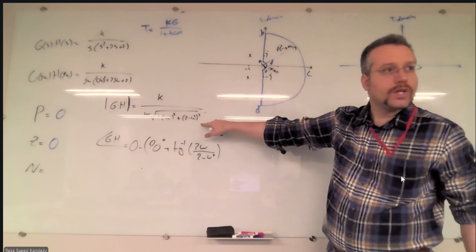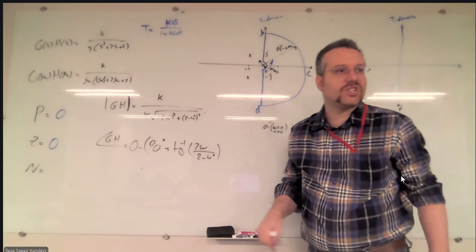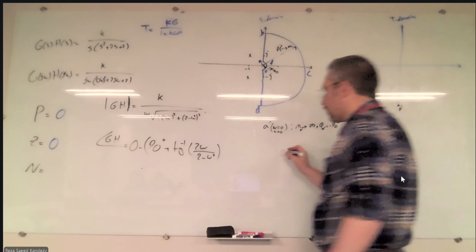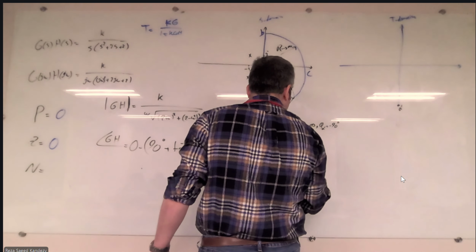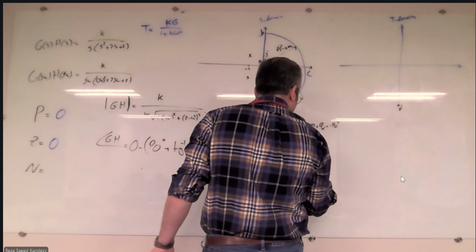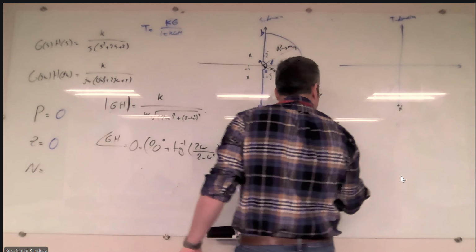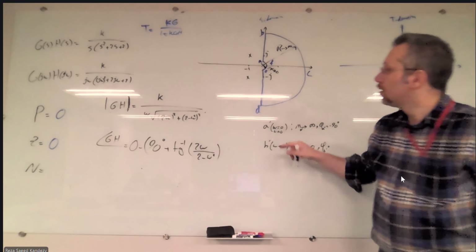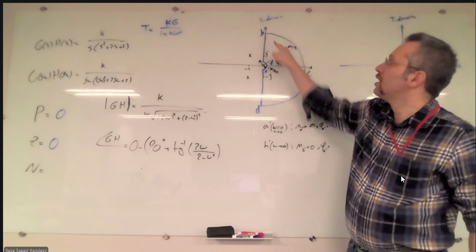If omega goes to infinity, this whole thing is going to go to infinity, so it's going to be 4 over infinity, which is 0. So for B prime, where omega goes to infinity, the magnitude of B prime is going to be 0. What about the phase? Minus 180. The phase of B prime is 90.